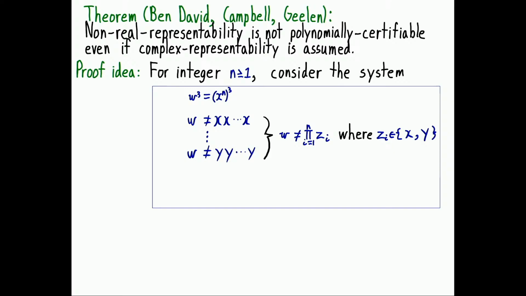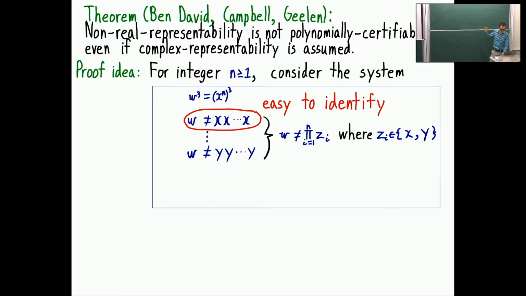But still, to certify that this does not have a real solution, you only have to give me the first two. It's easy to know which two are bad, or which two prevent a real solution from existing. So you can still polynomially show, or constant show, that this has no real solution.